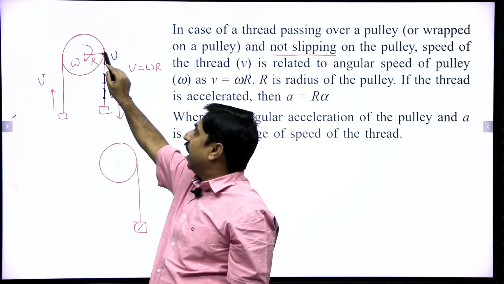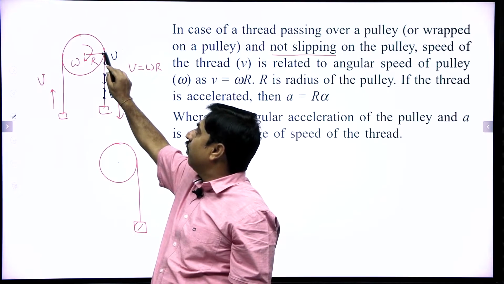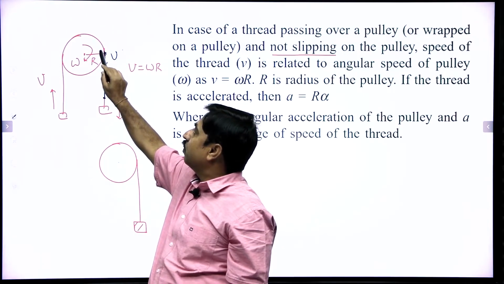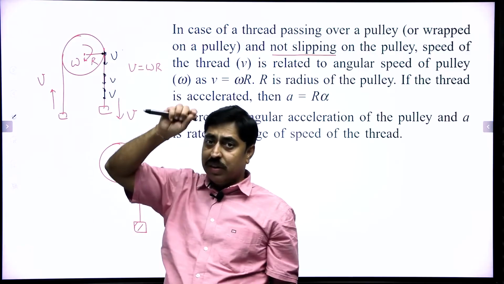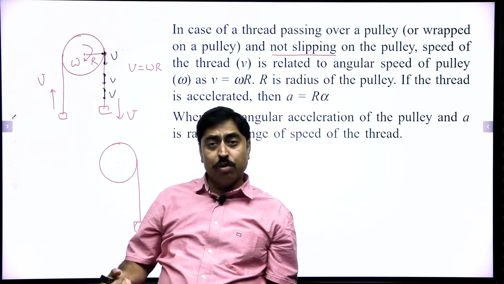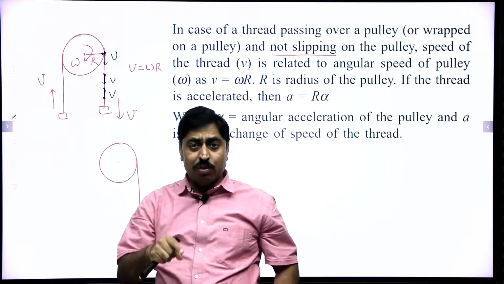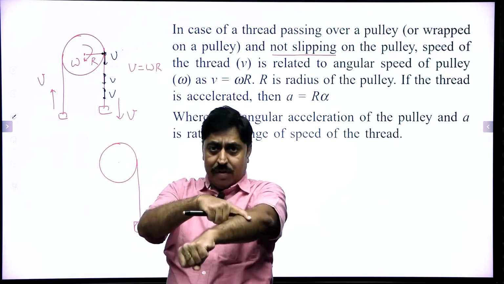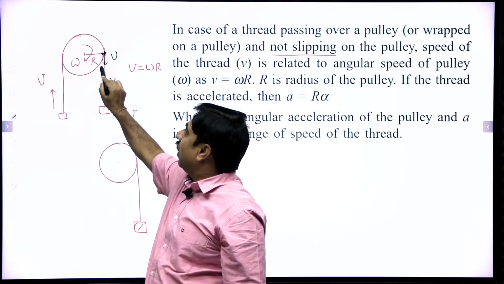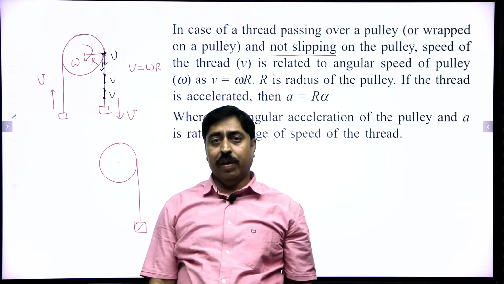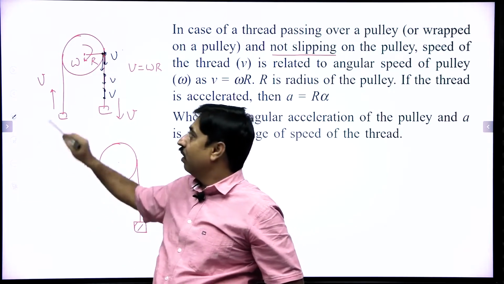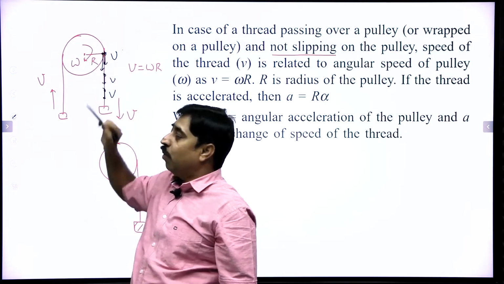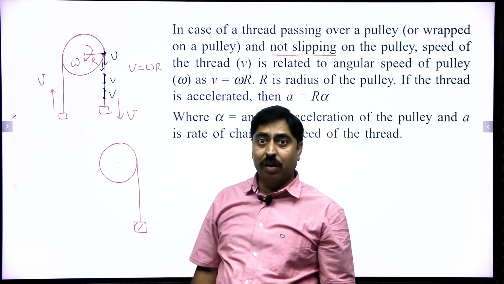So if a particle on the thread is moving with speed v, this particular point which is there on the steel of the pulley is also moving with speed v. Then only there is no slippage. If these two objects are moving with different speed, then there is slippage. So this particular point on the pulley is also moving with speed v, and obviously you know that this particular point is having a speed of omega into r.